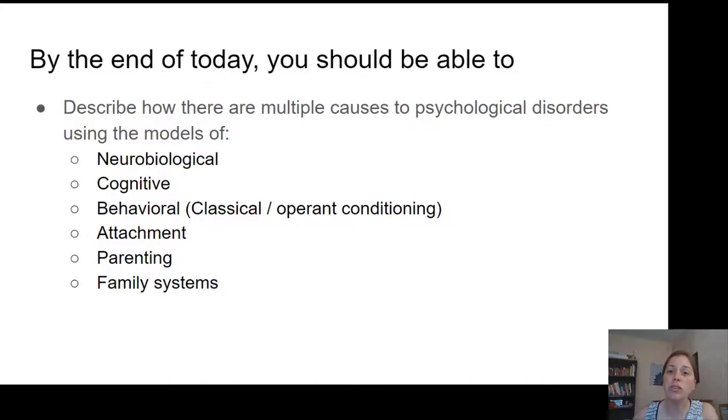Behavioral models, so we're going to focus a lot on classical and operant conditioning, especially operant conditioning when we get to how we actually do treatments with children, and then understanding more about the family system, so attachment, parenting styles, and the family systems, as well as understanding this all under Bronfenbrenner's bioecological model. So we'll get into all of these in turn.